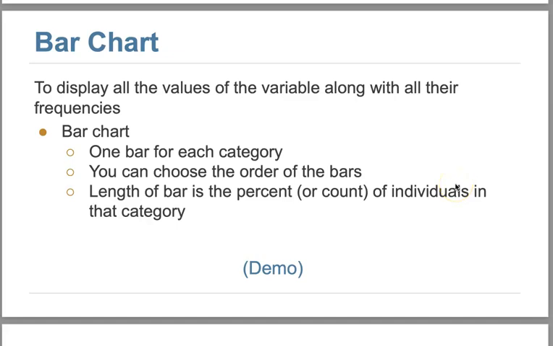The bar chart is the best chart to display categorical data. The bar chart displays all the values of the variable along with their frequency. It is one bar for each category. You can choose the order of the bars.